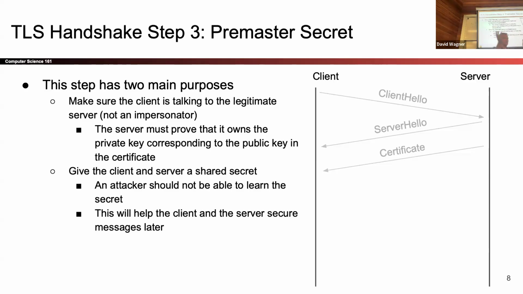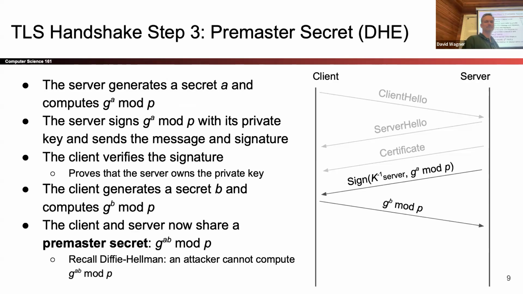The other purpose, an implicit purpose, is that the process of establishing this shared key is going to prove along the way that the client is talking to the real server, not an imposter. Because that process is going to involve the server's private key, and the imposter doesn't know the server's private key. So the imposter won't be able to complete this process.